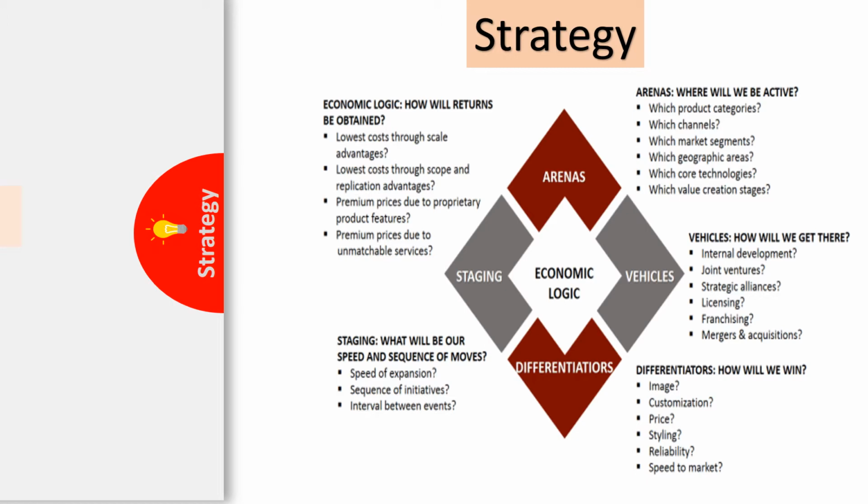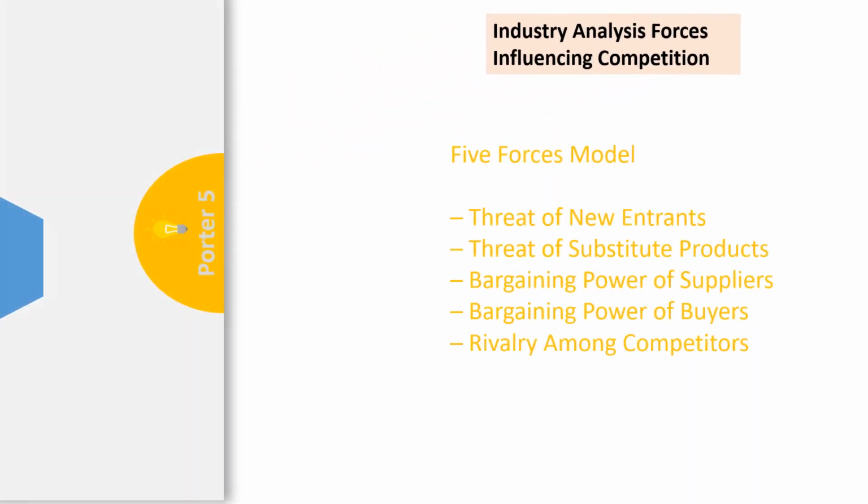So when you're looking at strategy, you have to say to yourselves, well, what are you going to adopt in terms of these key factors, in terms of the arenas, the vehicles, the differentiators, and staging, and combined with the economic logic behind it. So here we're going to look at now Porter's five force model, and we've kind of covered this over the last 2 years in different units in business and business environment, in business strategy, global business environment.